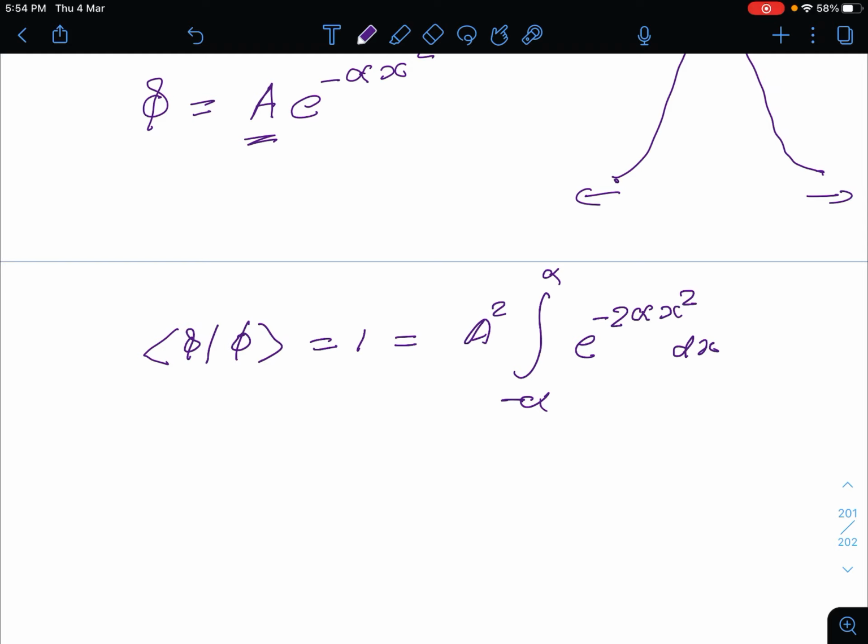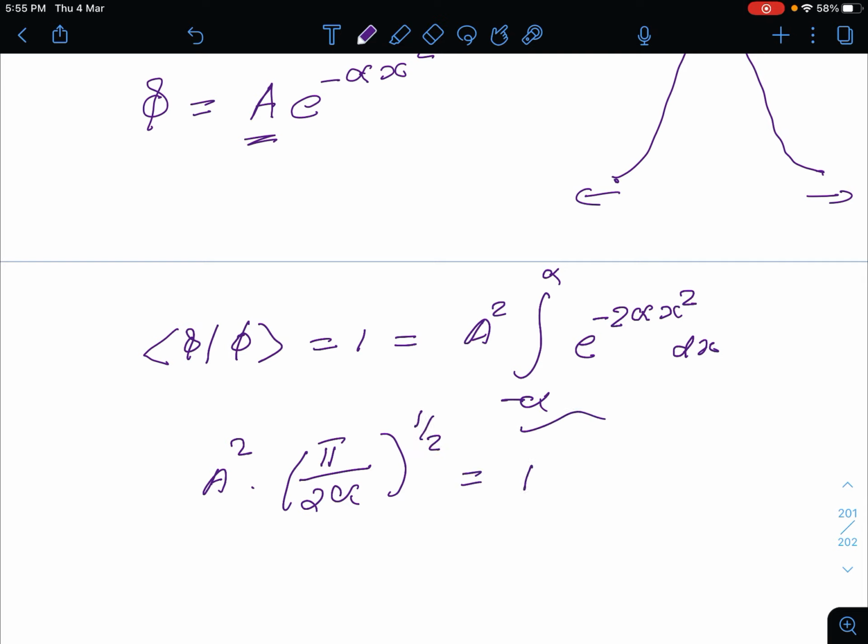This is a standard integral, where you use the gamma function, and you will get A square into pi by 2 alpha, all raised to half, is equal to 1.